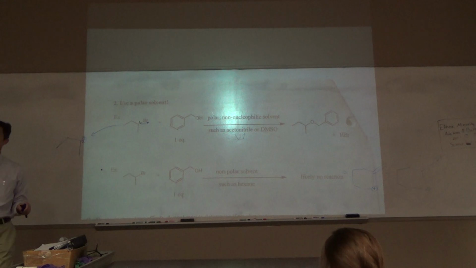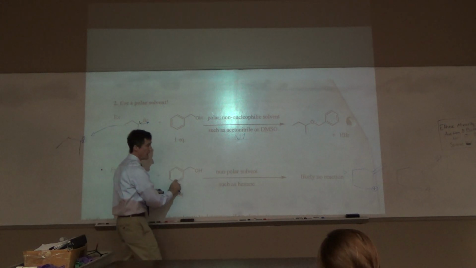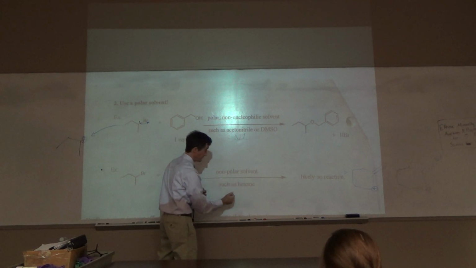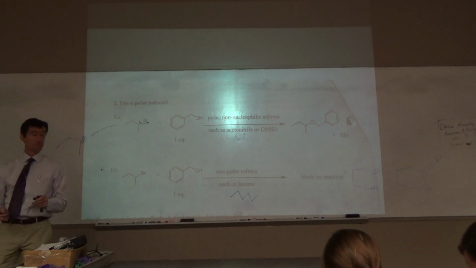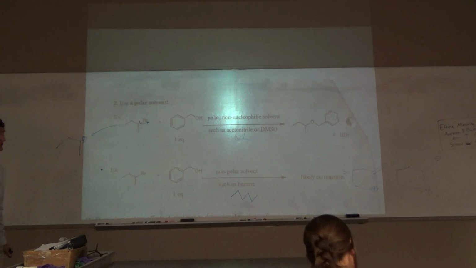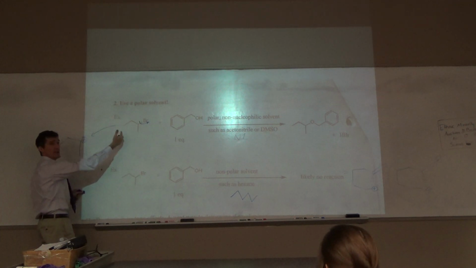Polar solvent. That's why when you put HCl in water, it ionizes. If you try to do this reaction with a nonpolar solvent like hexane, the reaction ain't going to work, because hexane is not going to facilitate this happening.